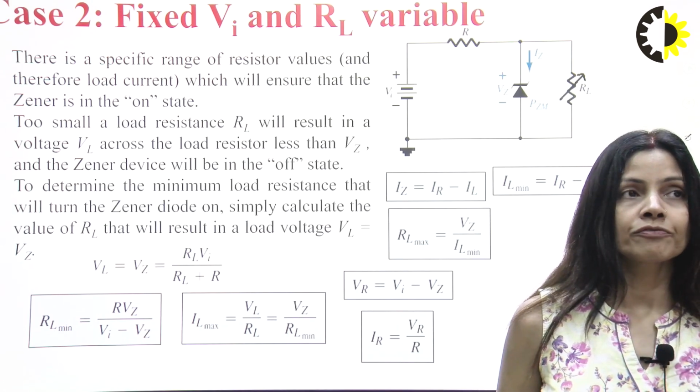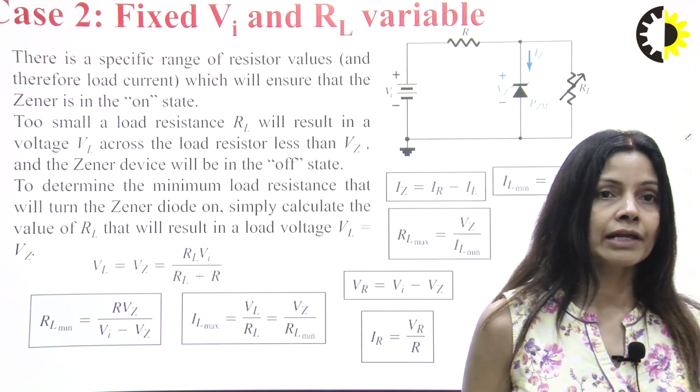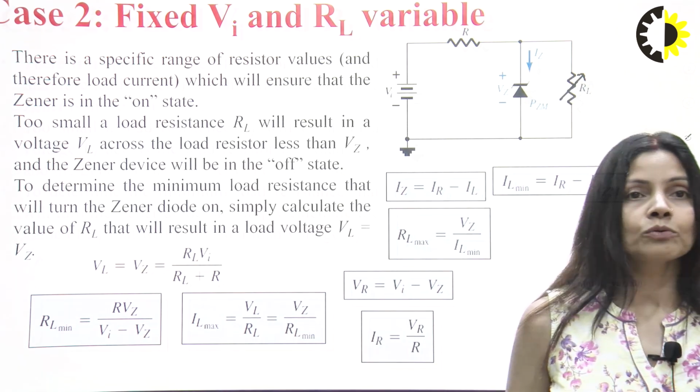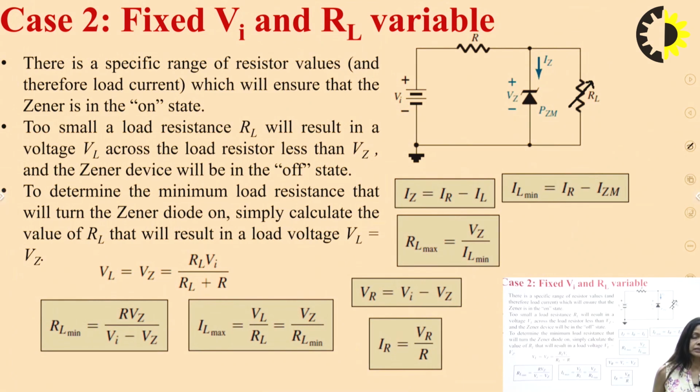Here for fixed VI and variable RL, we need to consider the voltage regulator circuit using a Zener diode, and in this we will definitely assume that the Zener diode is active and has been replaced by a battery of Vz with reverse polarity.